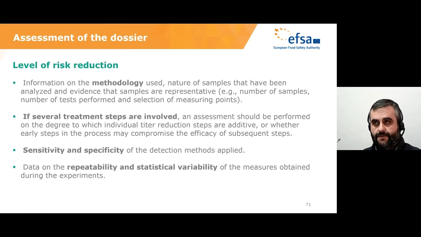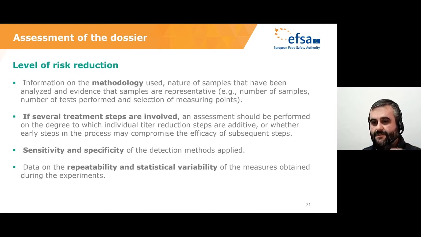But if the experiments are done in each of the individual steps of the process individually, an assessment should be performed on the degree to which reduction is achieved in each of the steps, but we won't consider that each step would be additive if there is no clear proof.